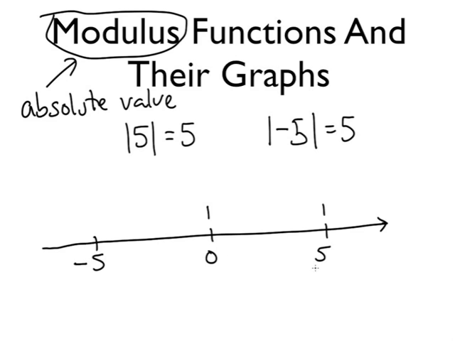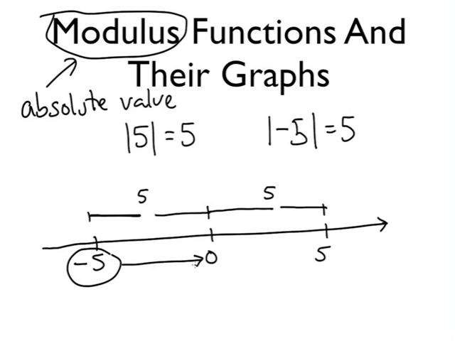So for 5, the distance is 5, and the distance between -5 and 0 is also 5. So you can think of modulus functions and absolute value as finding the magnitude, or the distance from a particular value to 0.